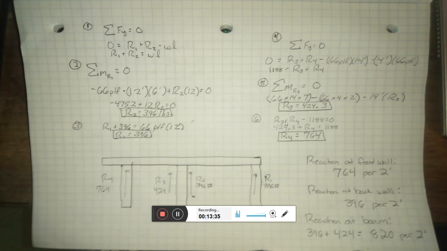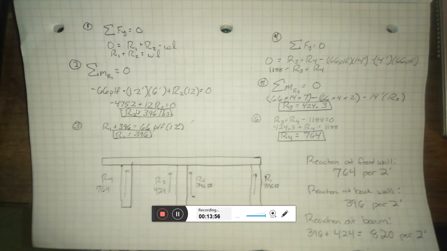So you have R3 plus R4 minus 1,188 equals 0, which we found up here. Substituting the 424.3 that you found for R3, and then isolating R4 on the other side, you have 764.